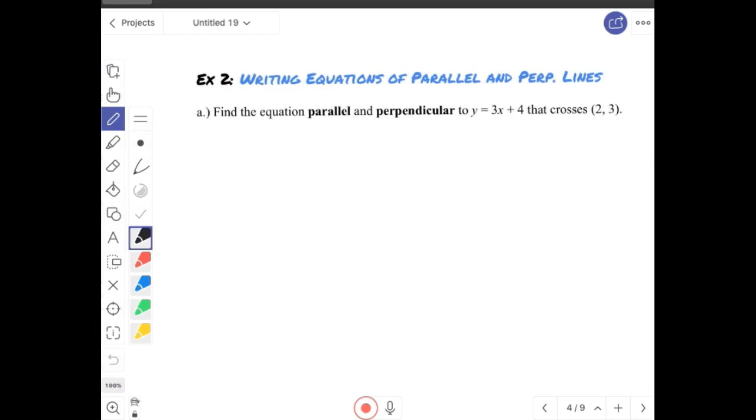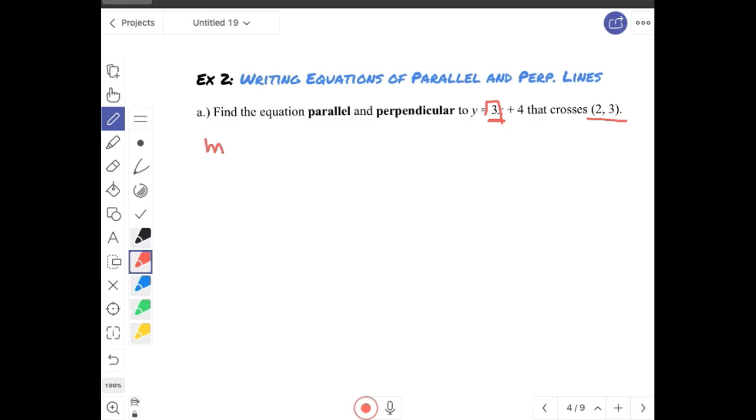All right, next, if we are writing equations of parallel and perpendicular lines, so we want to find the equation of both lines that are parallel and perpendicular to y equals 3x plus 4 that crosses (2, 3). So the main thing we're going to pull out of the equation that they give us is that slope.